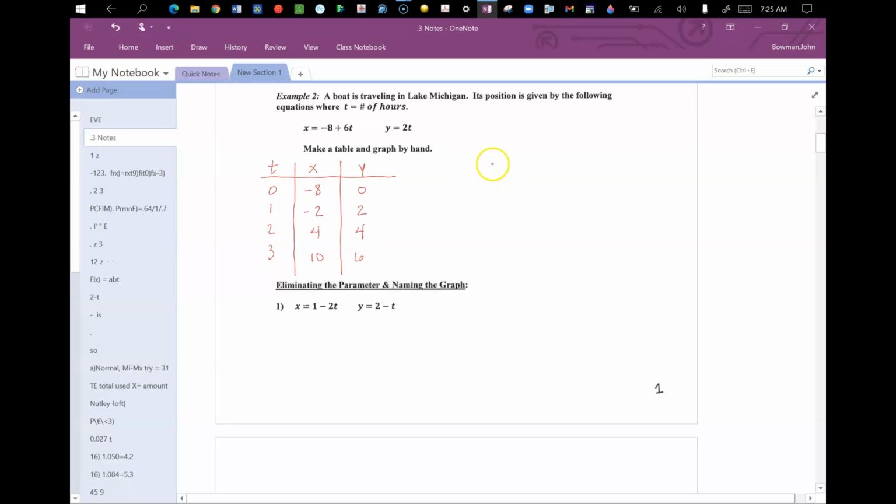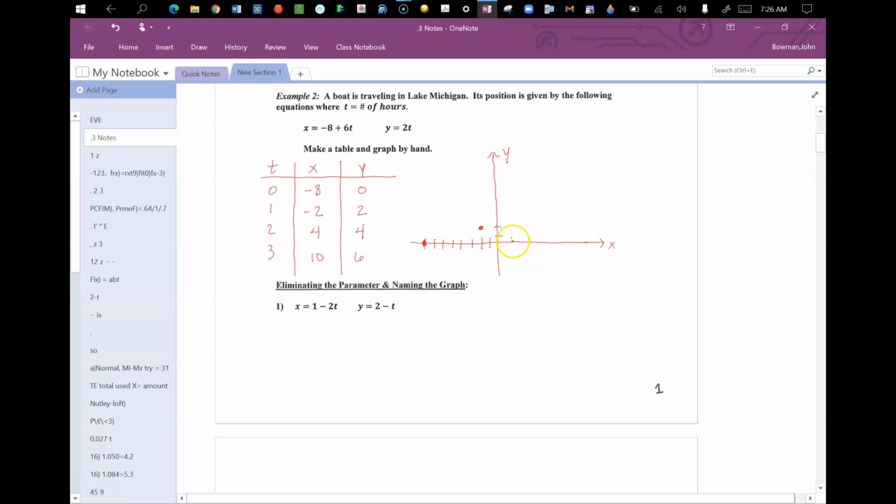So to get a visual of what that looks like, we're going to plot these points on an xy coordinate system to see what sort of movement this boat has. So at time 0, the boat's at (-8, 0). At time 1, the boat is at (-2, 2).